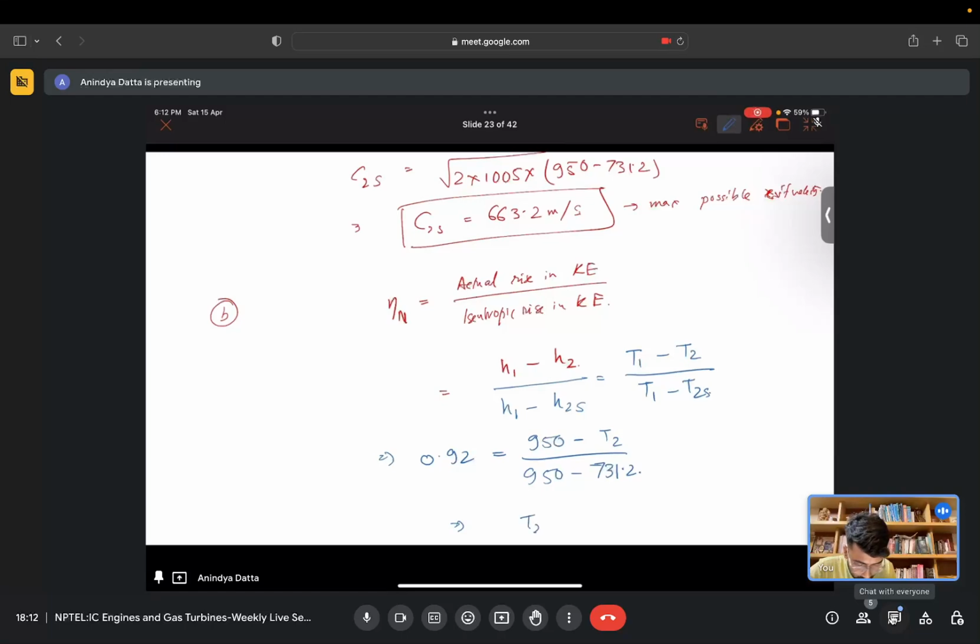So we will get T2 as 748 Kelvin, right? We see that for non-isentropic flow, the temperature at the exit of the nozzle is slightly higher. The nozzle exit temperature is higher than in the isentropic case.